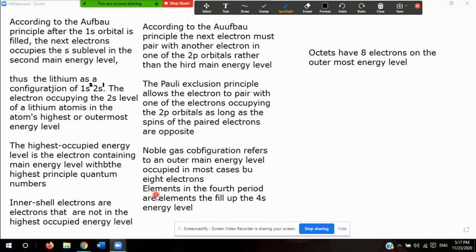Okay. It says elements in the fourth period are elements that fill up the 4s energy level. Elements in the third period are elements that fill up the 3s energy level.